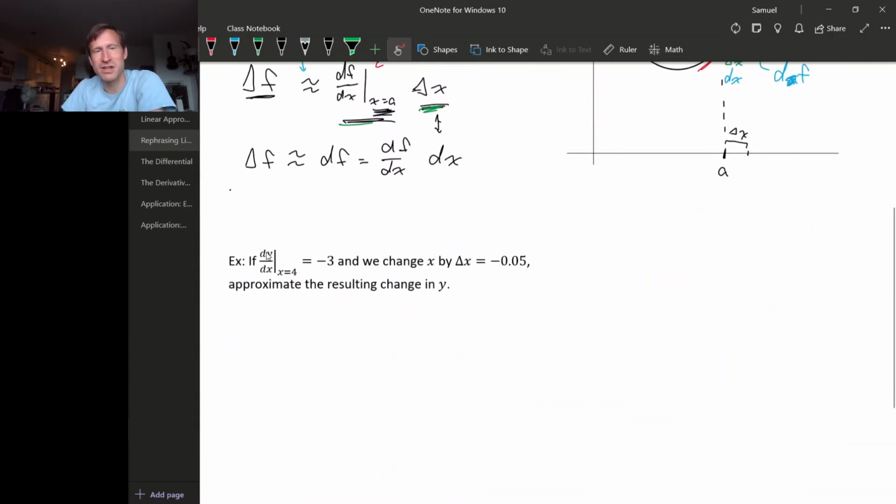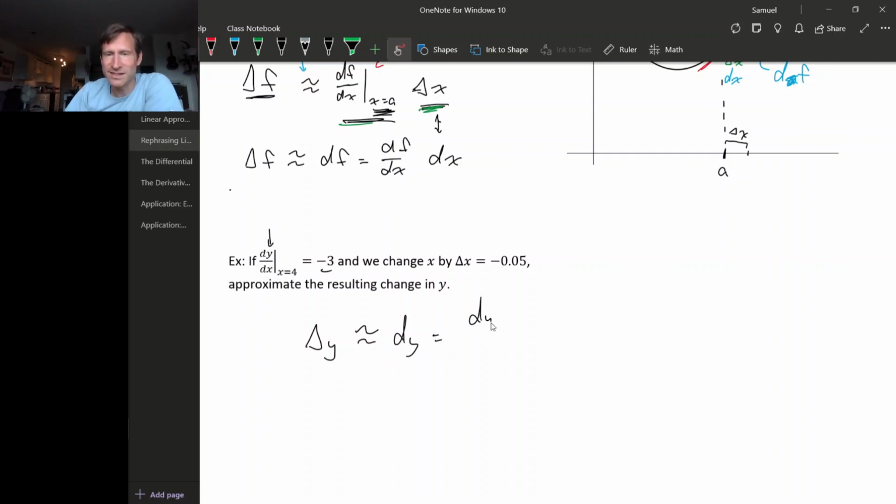So suppose we know that there's some mystery function y, and its derivative at x equals 4 is minus 3. And suppose that we change our x value by negative 0.05. Let's approximate the resulting change in y. So the resulting change in y, we can't know what it is exactly, but it is approximately dy.